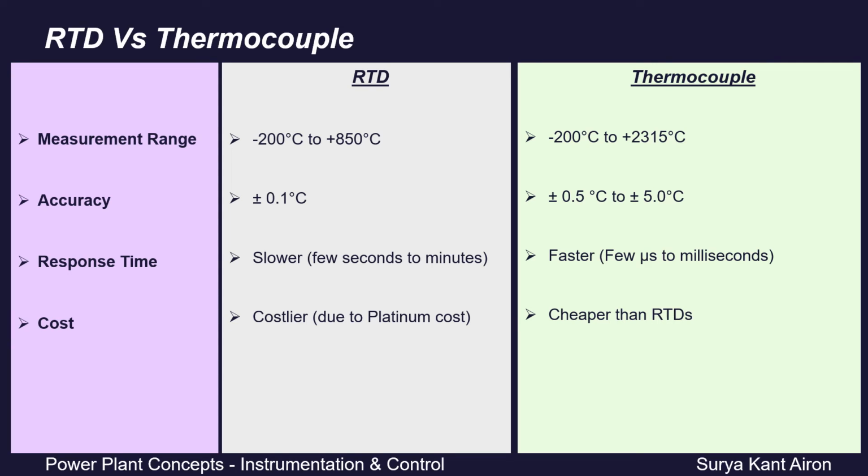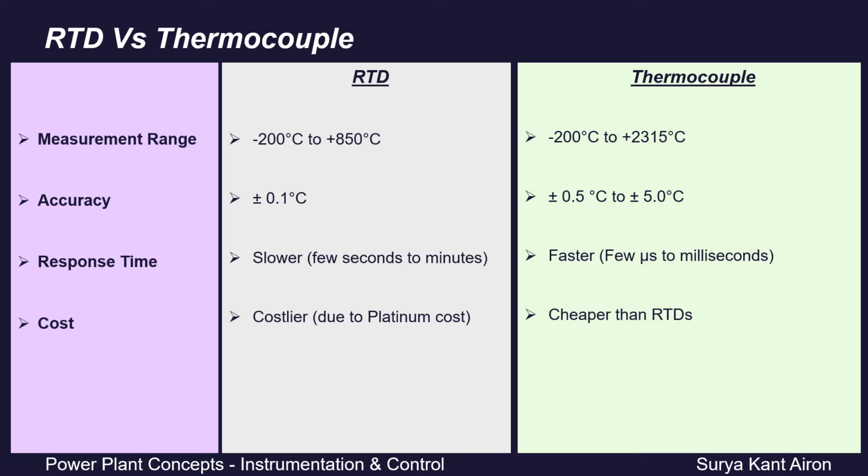So friends, if we summarize, measurement range: RTDs have minus 200 degrees centigrade to plus 850 degrees centigrade. Thermocouples have a wider range, minus 200 degrees centigrade to 2315 degrees centigrade. Accuracy wise, RTDs are much more accurate than thermocouples. RTD accuracy is plus minus 0.1 degree centigrade and thermocouples is plus minus 0.5 degree centigrade to plus minus 5 degree centigrade.